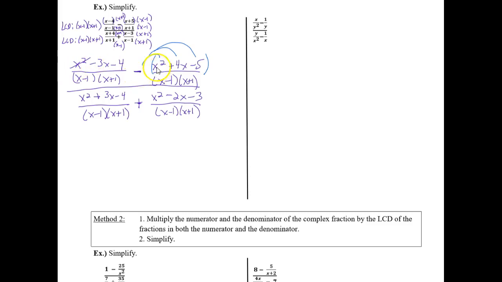That's 0. Then negative 3x minus 4x will be negative 7x. Negative 4 minus a negative 5. Remember, when we subtract a negative, it is the same thing as adding. So negative 4 plus 5 will be positive 1. Still over our LCD.